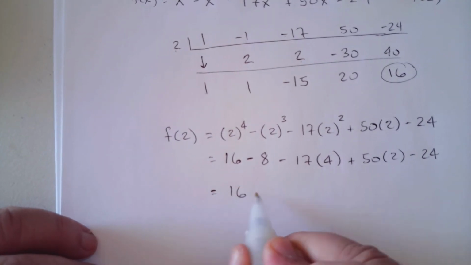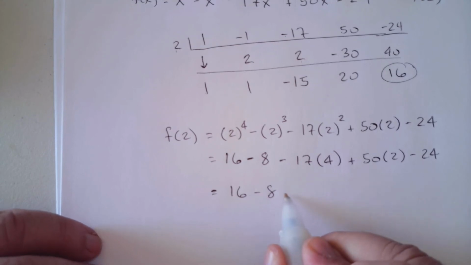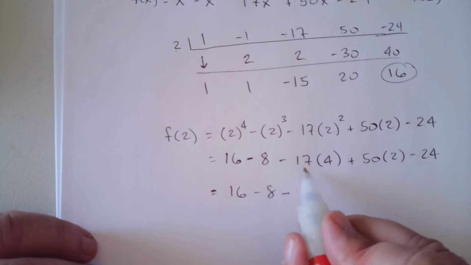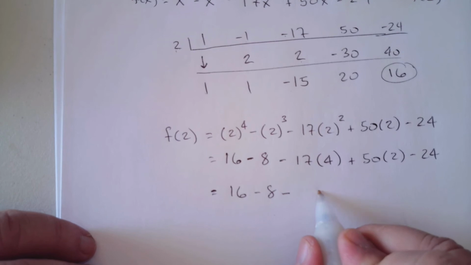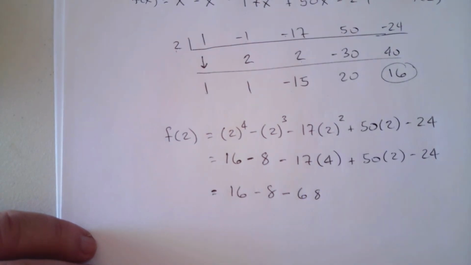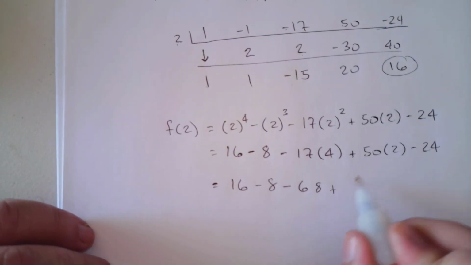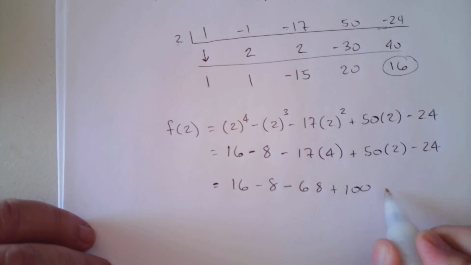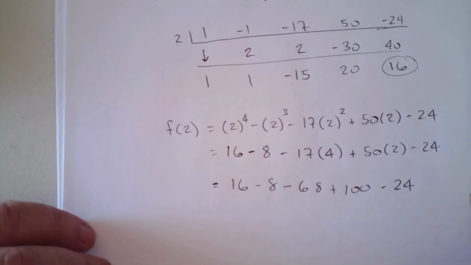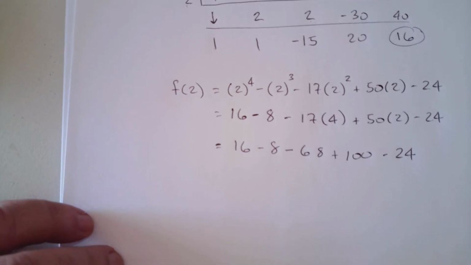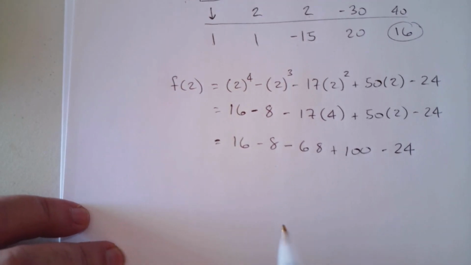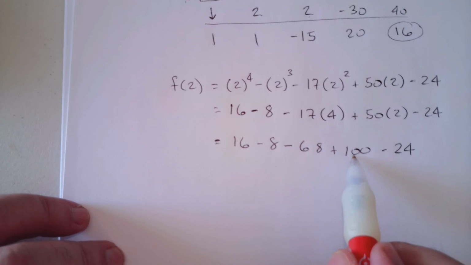Okay, we have 16 minus 8. Positive times negative is negative. 17 times 4 is 68. 50 times 2 is 100. Minus 24. So the positives, we have 116.